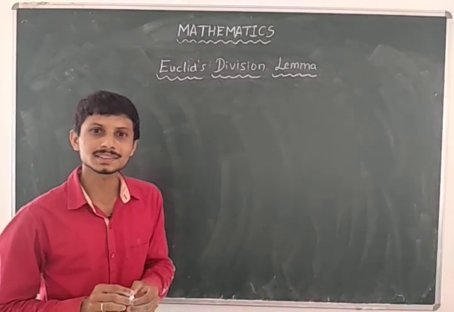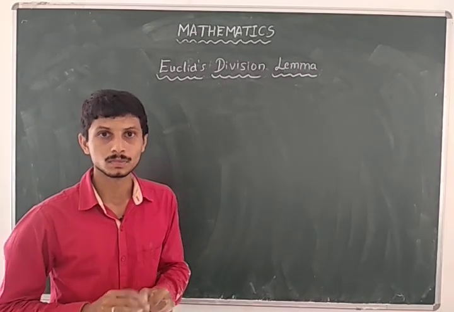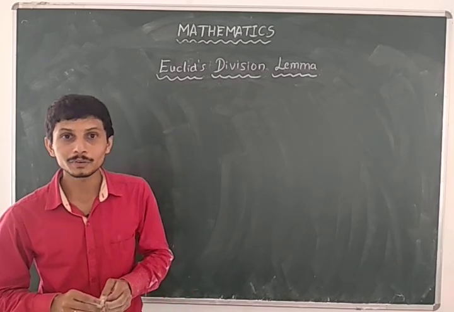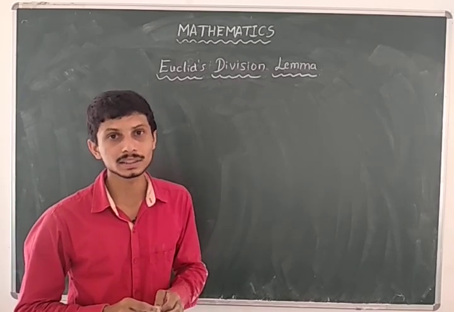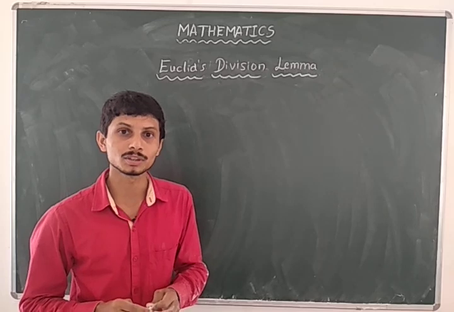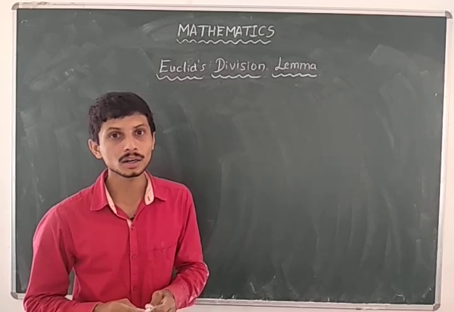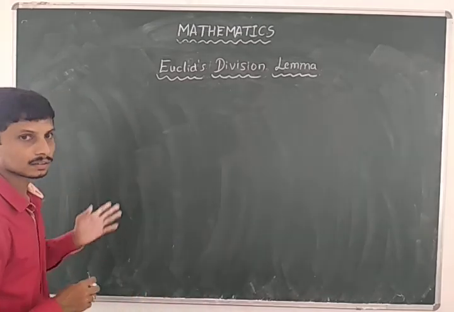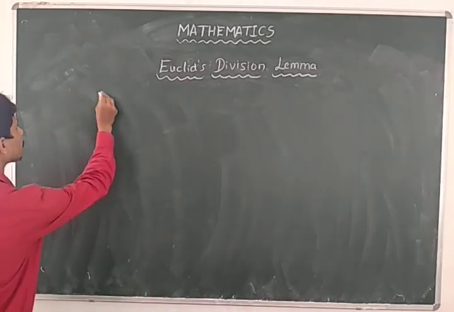So let us take some other different type of problem, that is: show that every square integer is of the form 3m or 3m plus 1. Let us take it one by one.